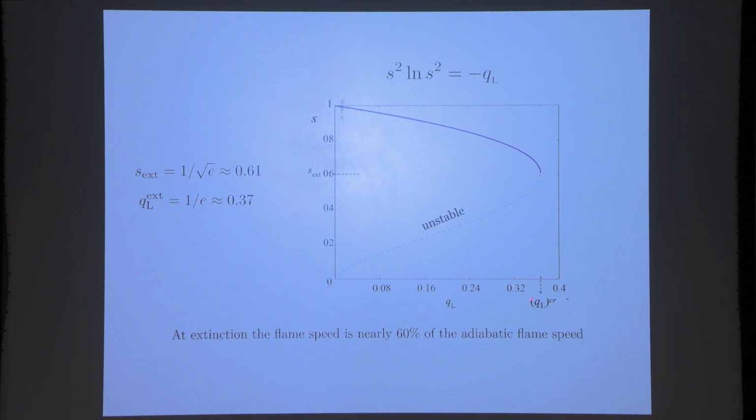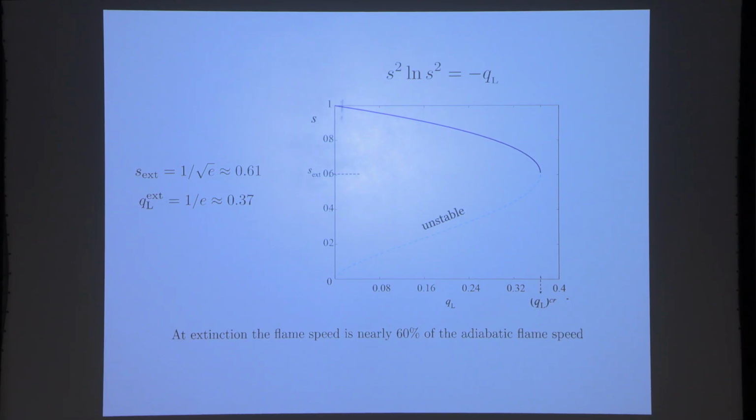You get to this point, you increase the heat loss, there is no solution. In other words, there cannot be a flame that propagates at any speed with this amount of loss, and it is interpreted as a total extinction. And the critical QL is approximately 0.37, of course, dimensionless.